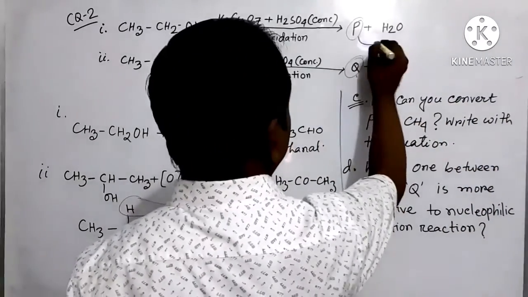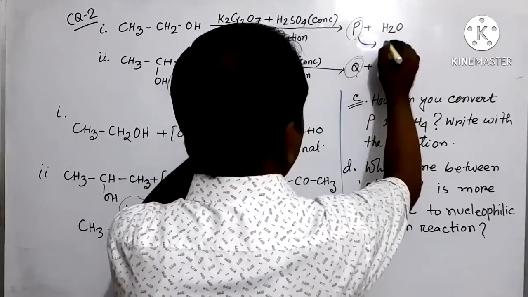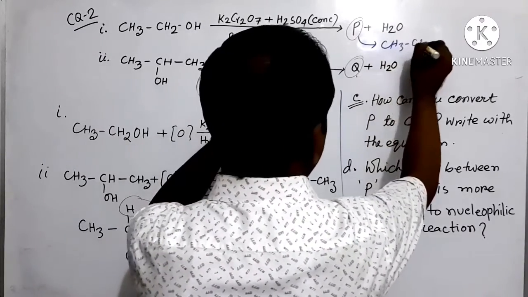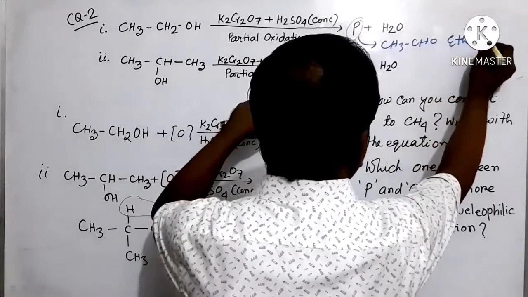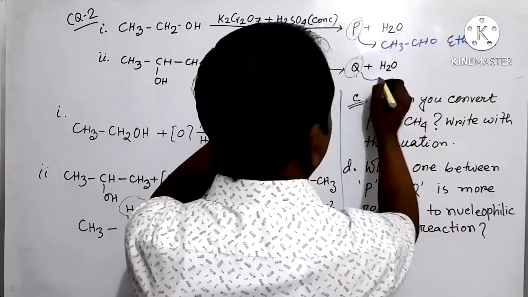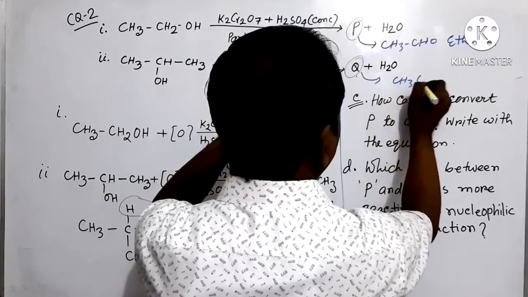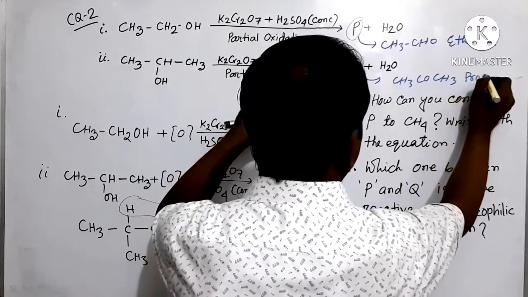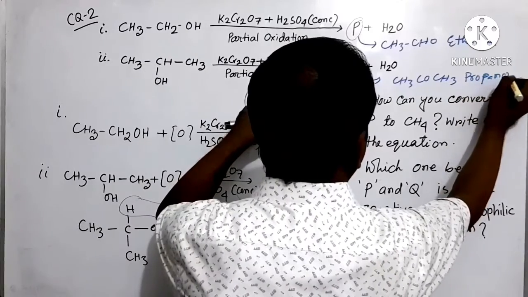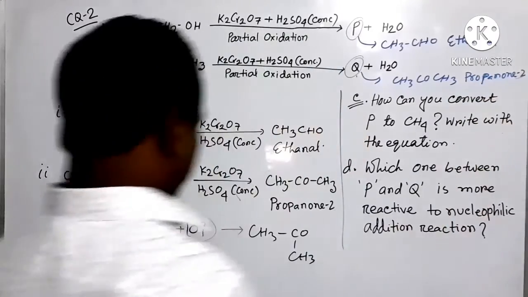P is CH3CHO, that means ethanal, and Q is CH3COCH3, propanone-2.